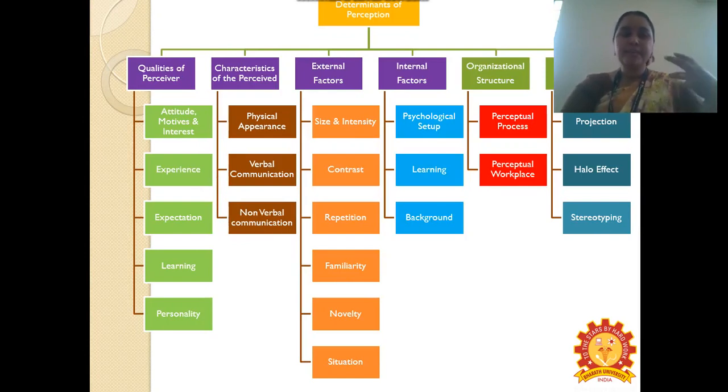Then the second point is experience. The experience of a person is going to influence his perception level. Let us take an example of a student. If a student has studied under sincere and dedicated teachers, then he would perceive that all the teachers are very good natured and very talented.